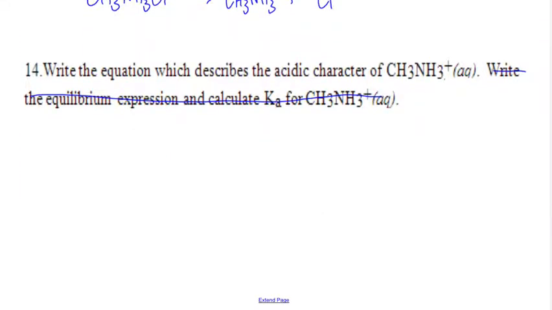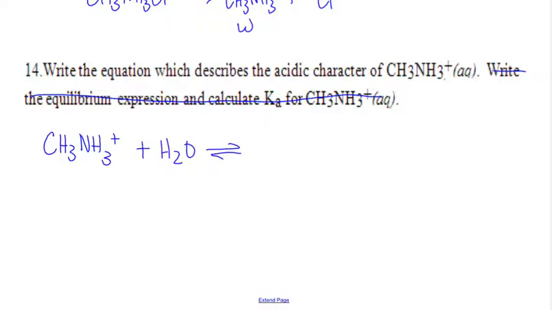Write an equation which describes the acidic character of CH3NH3 plus. So that came from the weak parent. We're going to take that and add it to water. It's telling you it's acidic. It's got acidic character, so it's telling you that's an acid, which is a proton donor.